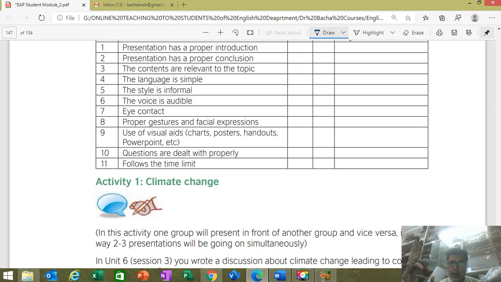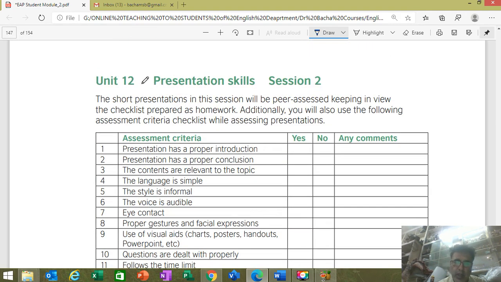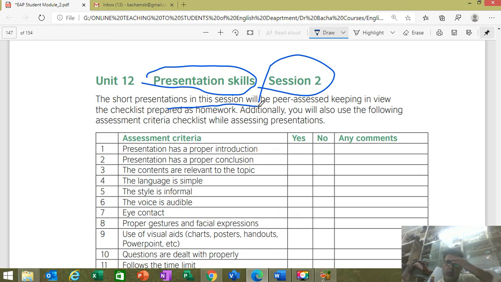So I think we are going to the conclusion. Anyhow, this is unit 12, and in unit 12 we have session 2. The short presentation will be assessed keeping in view the checklist. You have to look, for example, whether the presentation has a proper introduction, a proper conclusion, and whether the contents are relevant to the topic.